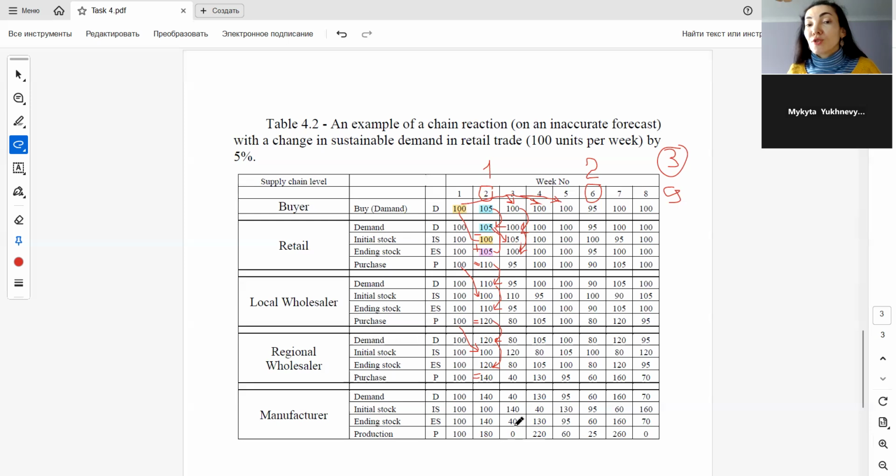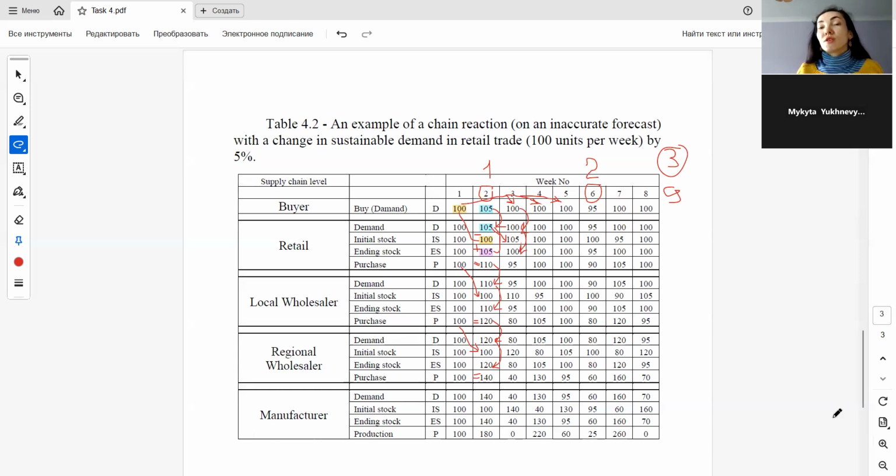And in the third week, for example, they don't need to produce anything because they have a good stock at the manufacturer, and in the fourth week they need to produce 220 mobile phones. So there is a very big difference every week for the manufacturer.